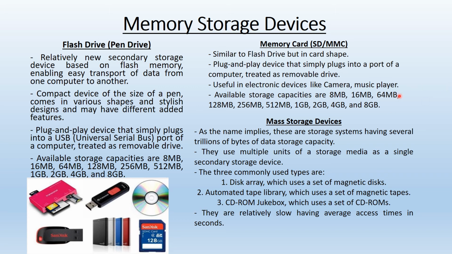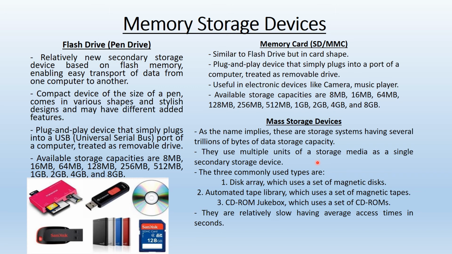The mass storage devices, as the name implies, are storage systems having several trillions of bytes of data storage capacity. These use multiple units of storage media as a single secondary storage device.